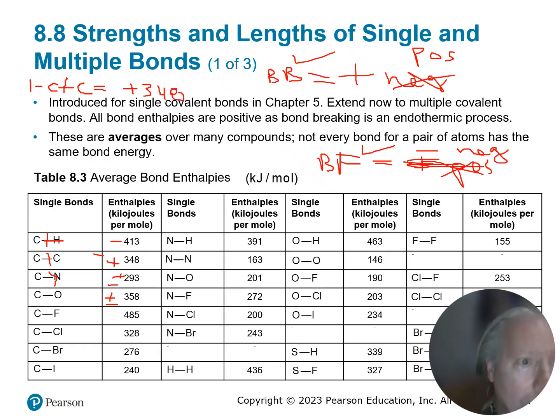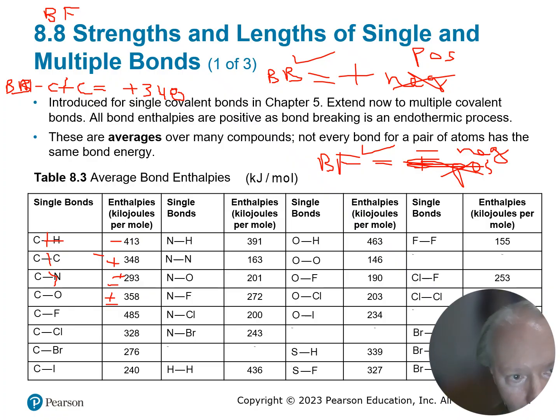And say now you break one carbon bond, and then you form bonds. This is bond breakage, BB, so it's going to be positive to break those bonds. It's going to cost 348 kilojoules per mole to break those bonds. But for bond formation, it's going to be exothermic, and it's going to be negative.